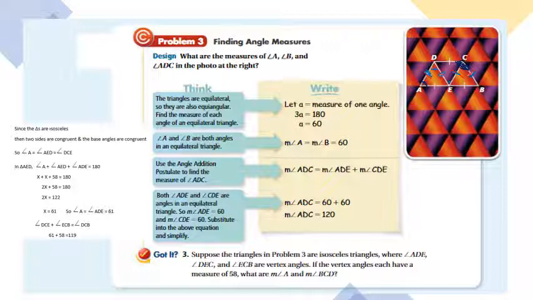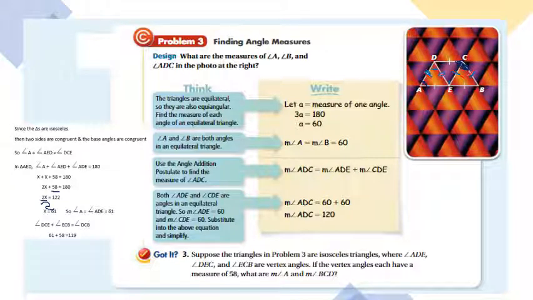Then to remove this 58, we subtract 58 from both sides to get 122. Then to solve this for x, we divide by 2. And then the answer is x equals 61.